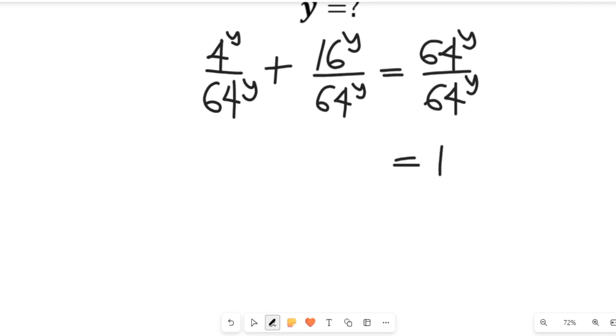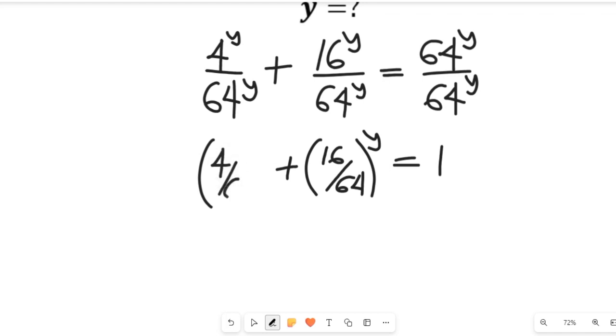Following the law of indices, this will give us 16 divided by 64 all to the power of y, plus 4 divided by 64 all to the power of y.